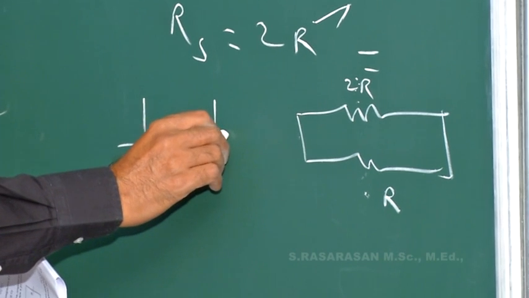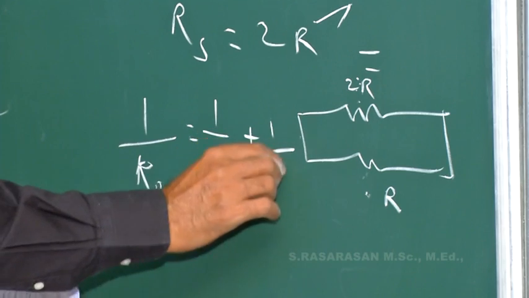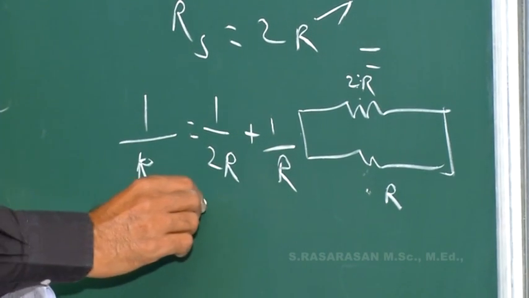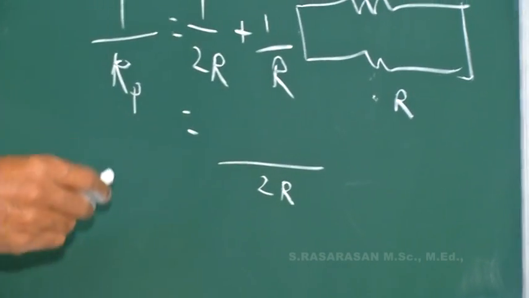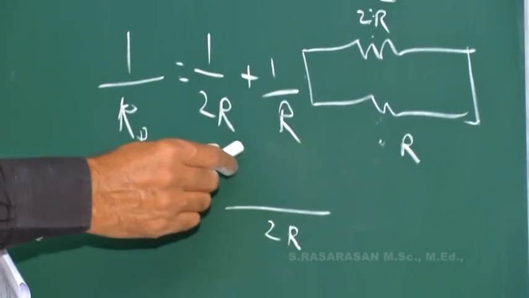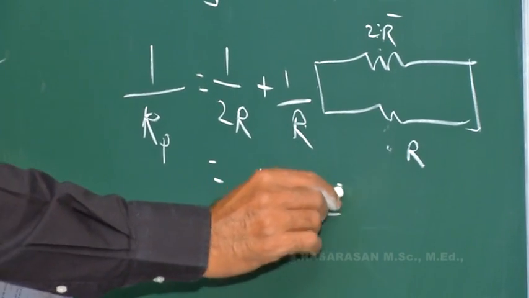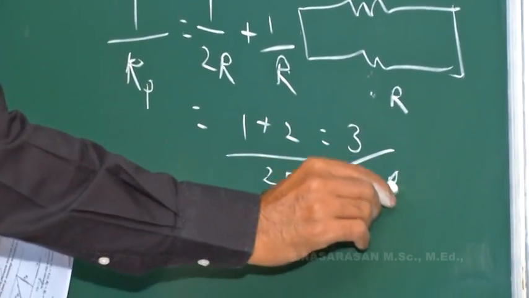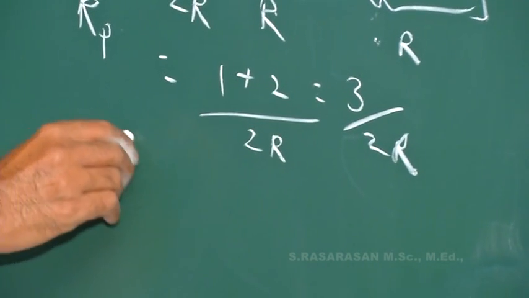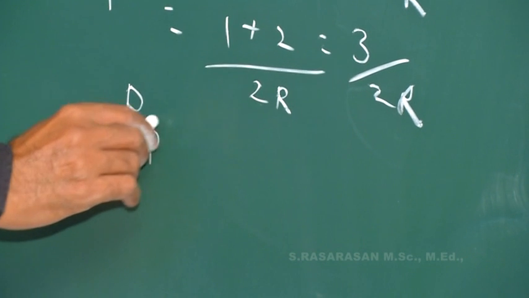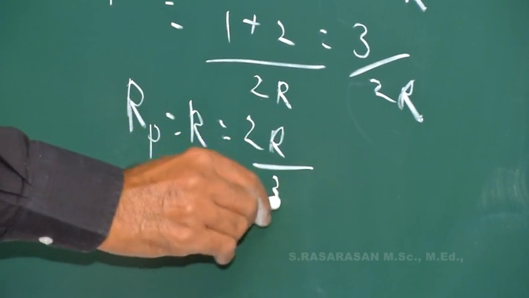That is 1 by R1 plus 1 by R2. 1 by R1 it is 1 by 2R plus 1 by R. We take this mathematical principle, simplify this one. 2R in 2R is cancelled, its result is 1. Here R is cancelled, 2, so it is 3 by 2R. So 1 by Rp is equal to 3 by 2R. Therefore Rp is equal to 2R by 3.